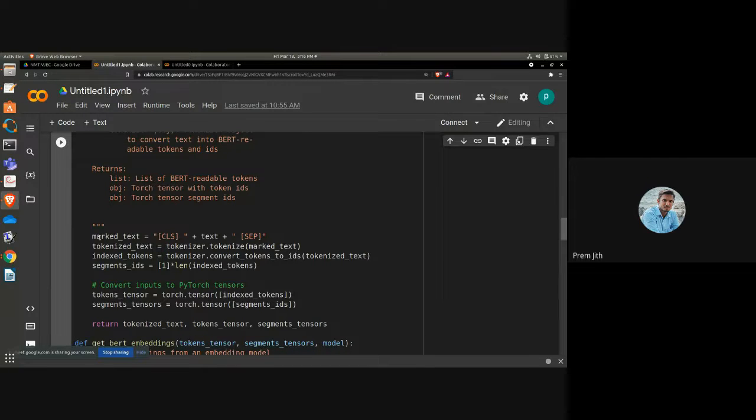Before finding the vectorial representation for each word, we convert every word into index values. Then we design the segment IDs also, if there are multiple sentences: 1 times the length of the indexed tokens. That is how the segment IDs are defined, or you can give segment IDs like 0, 1, 2, 3, 4, etc.